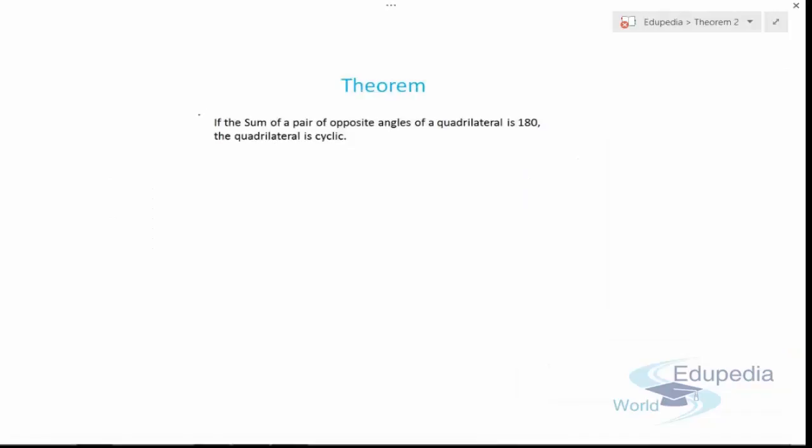If the sum of a pair of opposite angles of a quadrilateral is 180 degrees, then the quadrilateral is cyclic. It is actually the converse of the theorem which we discussed in the previous section. Let's say we have a quadrilateral like this, P, Q, R, S, and the sum of pair of opposite angles is 180 degrees.